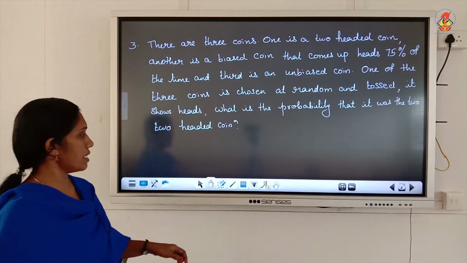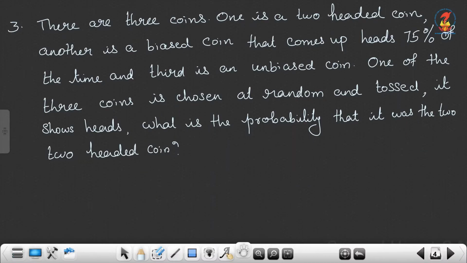Now the third question. There are 3 coins. One is a two-headed coin. Two-headed coin means both sides head, no tail, both sides head. Another is an unbiased coin.